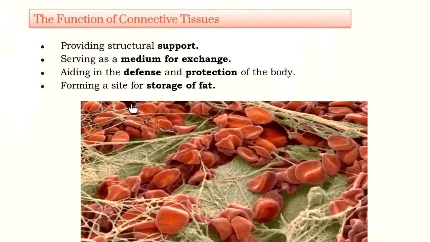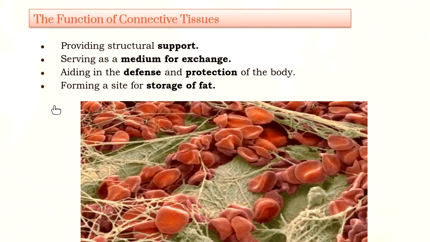It also acts in the defense and protection of the body by the different cellular components. We will study it further. There are different components of the connective tissue which help in the defense of the body by providing the first line of defense or second line of defense, by providing the defense cells. Third is the defense of the body against different types of infections.